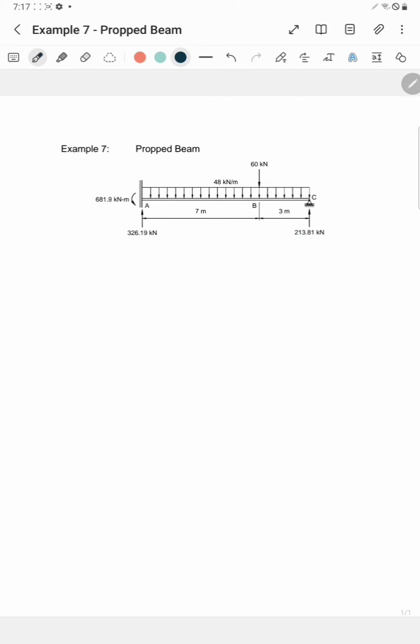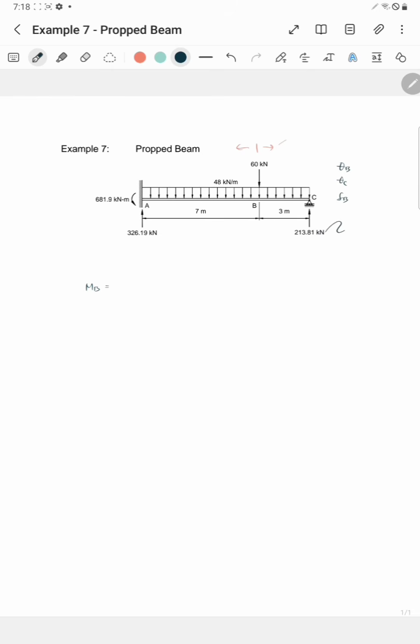Ngayong meron na tayong mga reactions, ang mga susunod na hahanapin naman natin ay rotations at B, at C, and deflection at B. Alamin na muna natin yung moment at B. So moment at B is equal to, so cut at B, so may options tayo, left or right. Say we choose right.